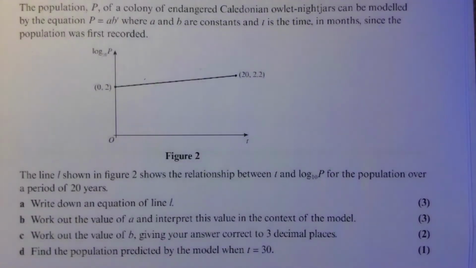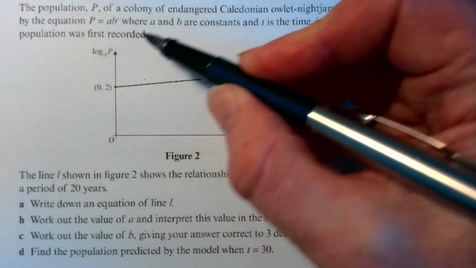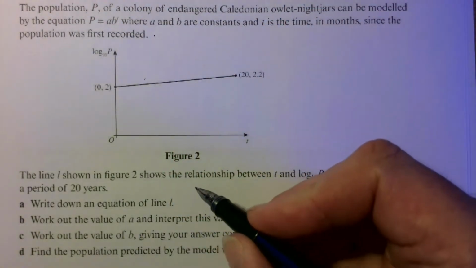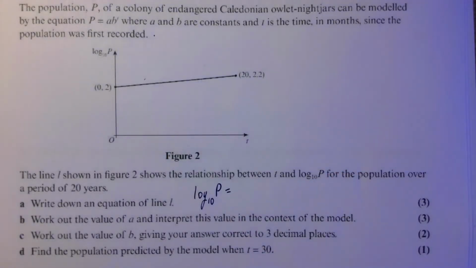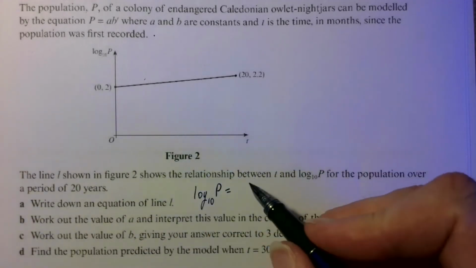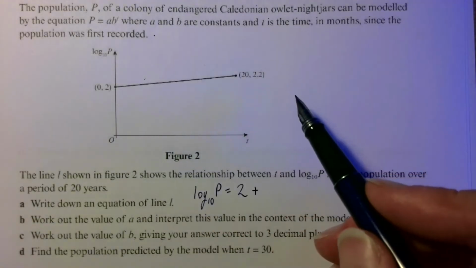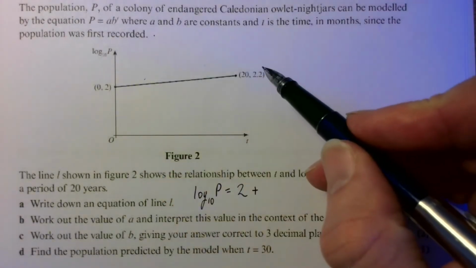Right, so here's a modelling log question, which these do take a little bit of getting used to, but the first bit, the equation of the line, isn't really too tricky. Just remember, if you're thinking y equals mx plus c, then y has just changed its name to log 10p. And what's that going to be equal to? Well, the log 10p intercept is 2, and then you're going to need to multiply t by the gradient of this line, aren't you?